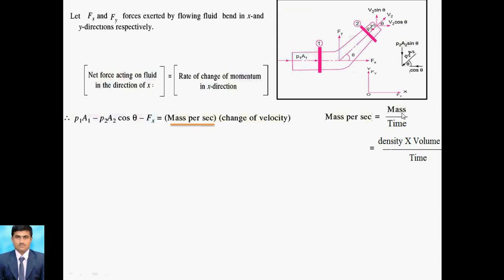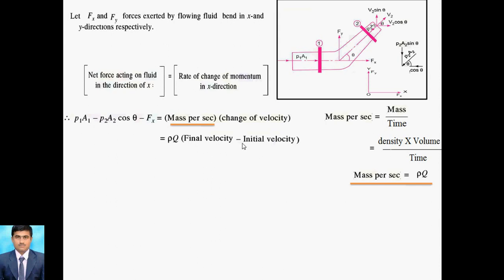So instead of mass I can write density into volume, with time as it is. So I can write rho, and volume upon time is Q, rho Q. Instead of mass per second I can write rho Q. I put rho Q as it is, and the change of velocity means final velocity minus initial velocity. Final velocity is maximum, initial velocity is minimum.